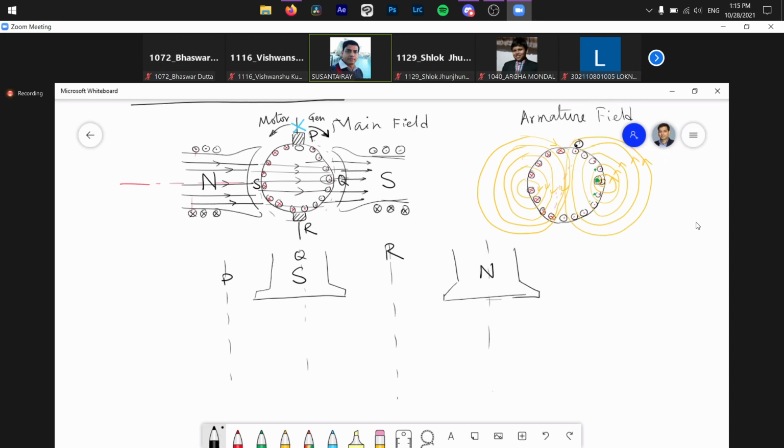At the center of the North Pole, you have which point? S. So another P will be here. And this is the surface of your armature conductor. Okay. And under the South Pole, what kind of polarity of conductor do you have?